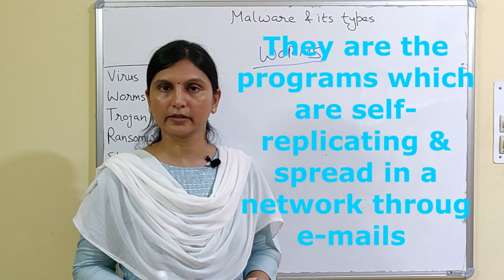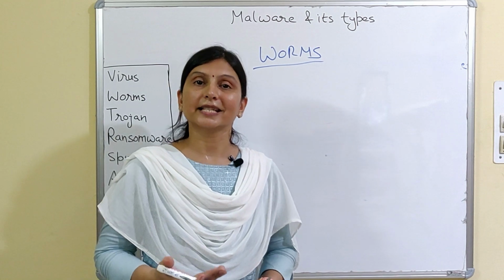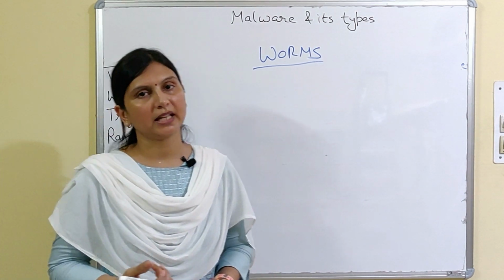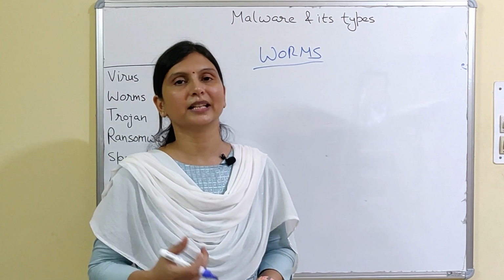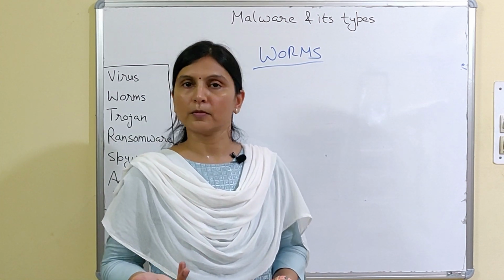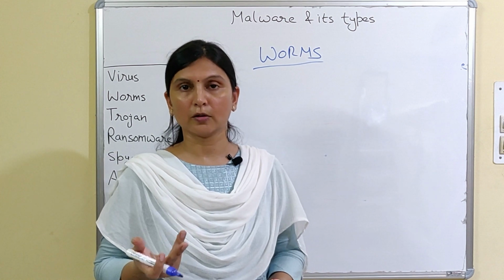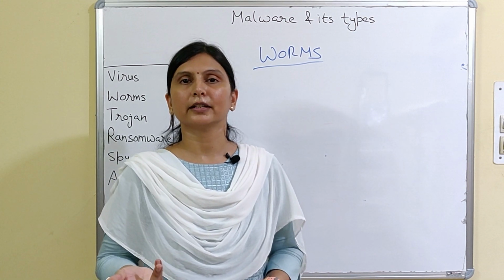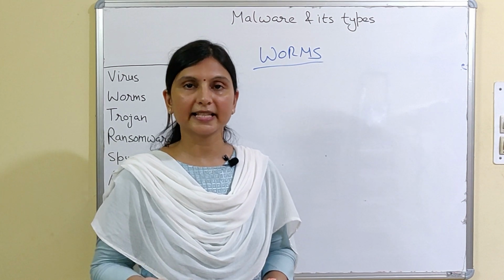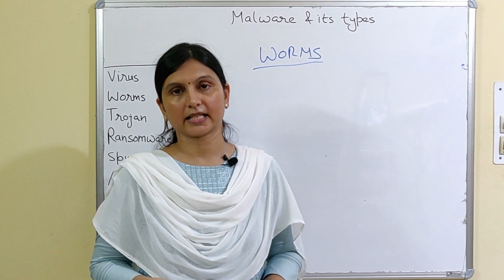First we will talk about the similarities, then we will talk about the differences between virus and worms. Similarity: worms are also self-replicating. And the function is the same. They also damage the files and folders present in the system.